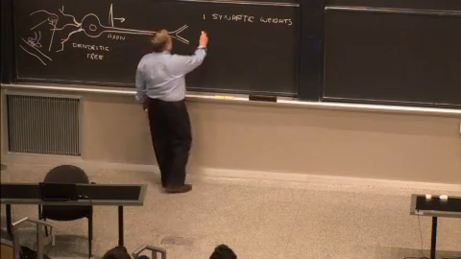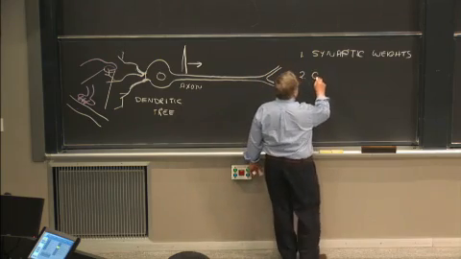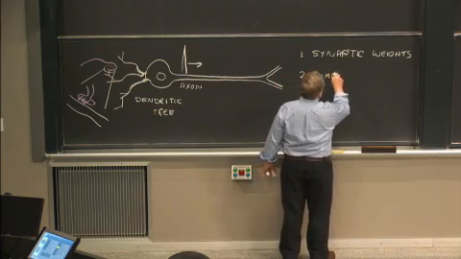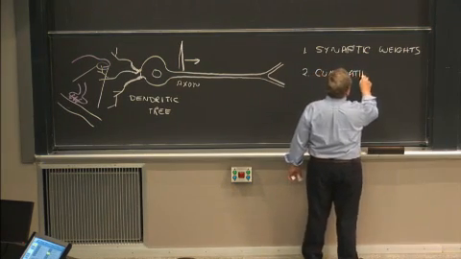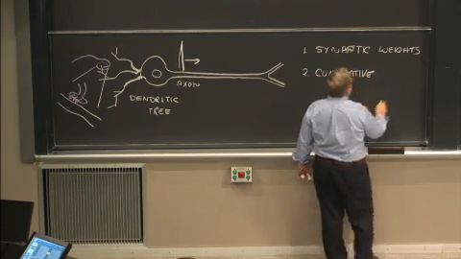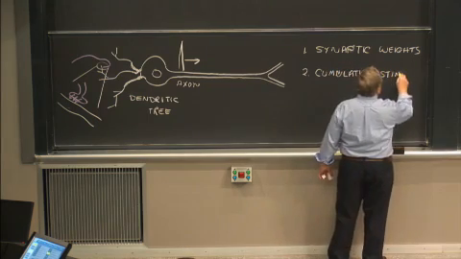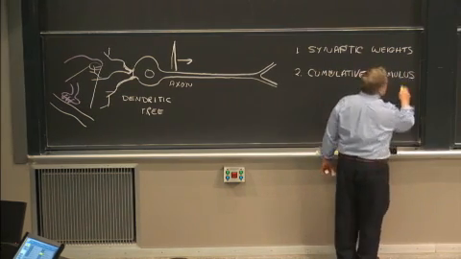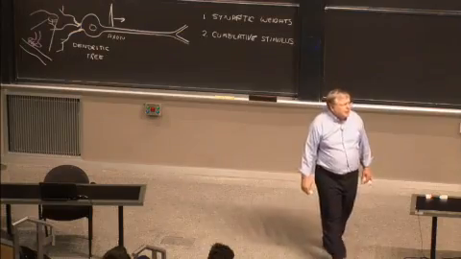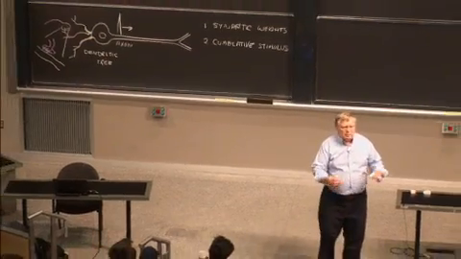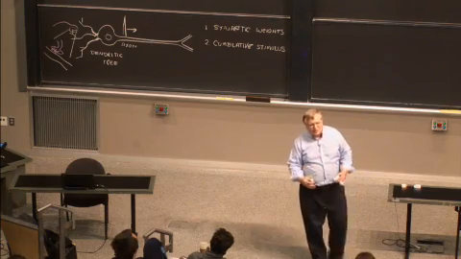Then the next thing we need to take note of is there's a sort of cumulative effect. That is to say, all that stuff that's coming in on the dendritic tree is somehow added up or combined or put together with some function.